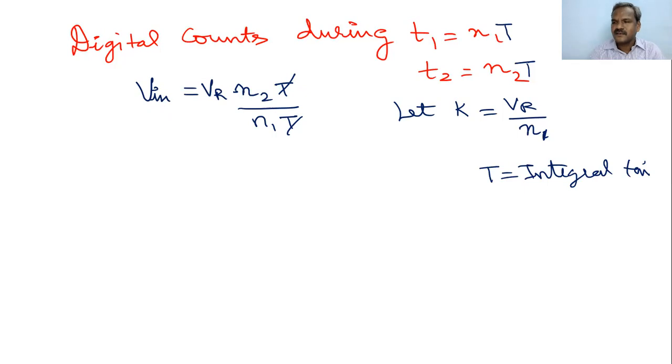That's why the time durations are integral multiples of the oscillator period. So the 50 hertz noise is easily removed by choosing the oscillator frequency in integral multiples of the power supply frequency.